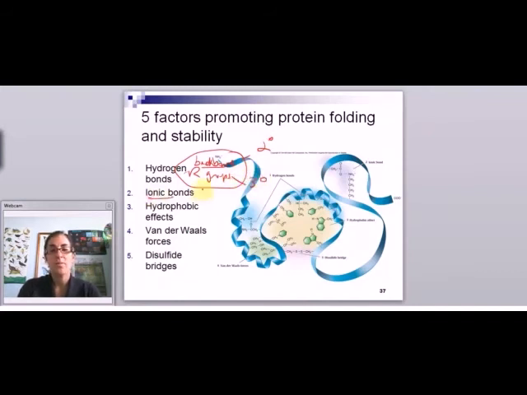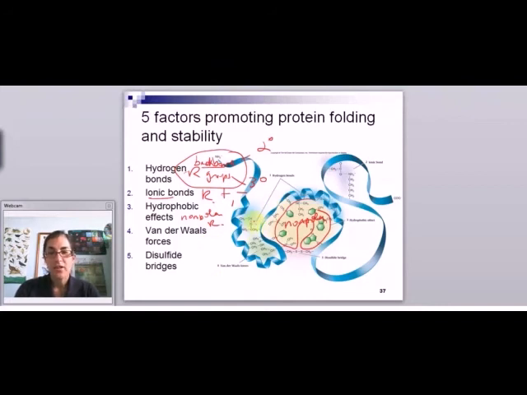You can have ionic bonds between R groups, and remember this would be your positive and negatively charged R groups. Hydrophobic effects are really important when you have non-polar R groups. They have to fold in away from water. That's what we see happening here. These are all non-polar R groups, and so they have to be folded up away from water.